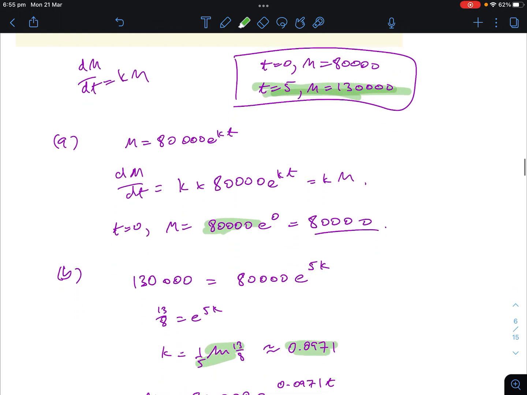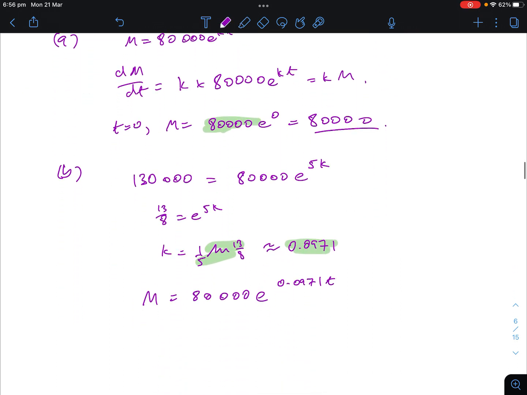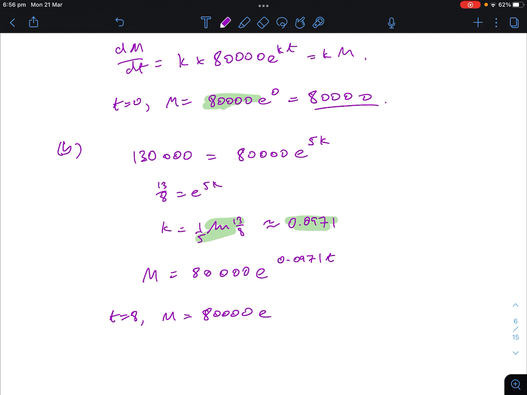And predict the population at the start of 2028. So the start of 2028 is when t equals 18, M equals 80,000 e to the, perhaps write it as 18/5 ln 13/8.